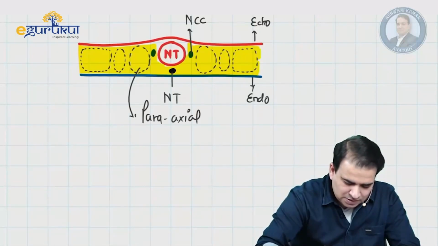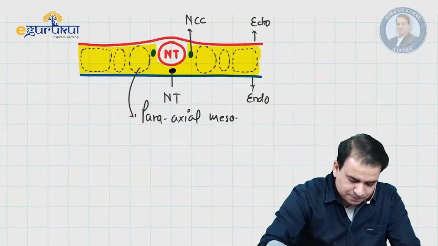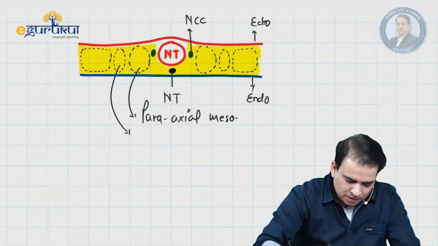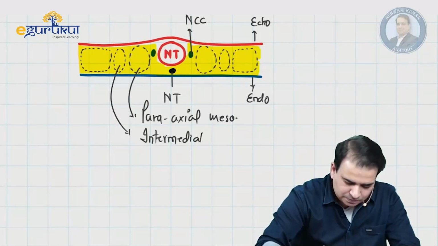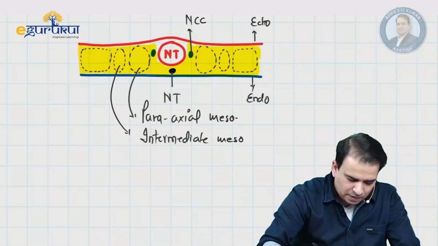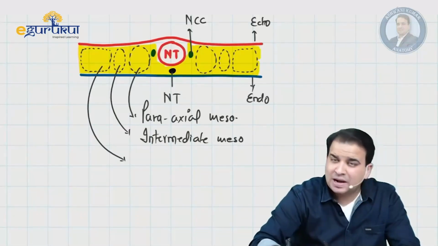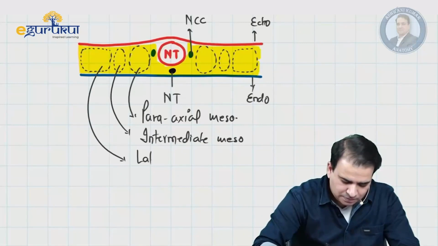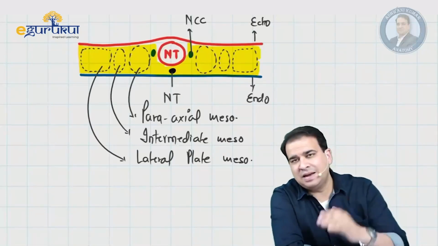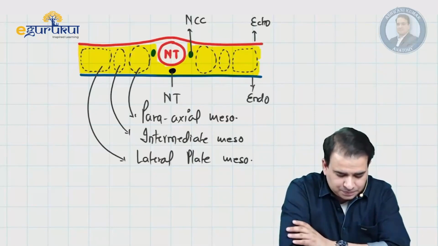This one is the intermediate mesoderm in between, and the one which is present more laterally, that is the lateral plate mesoderm. Paraxial, intermediate and lateral plate mesoderm.